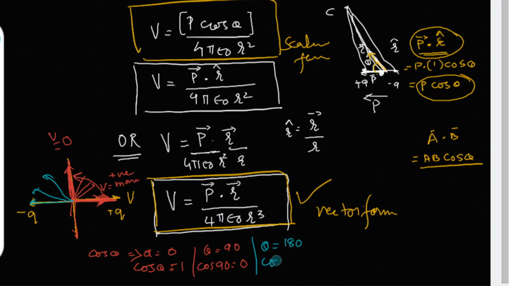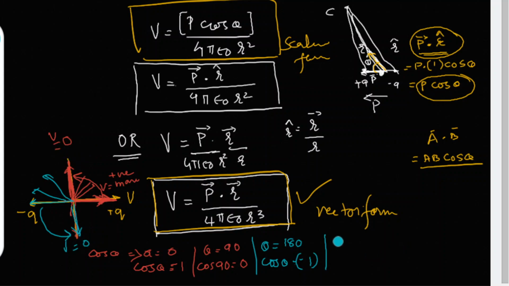So cos theta becomes here -1. So negative potential you are getting here, -1. Okay, and if you'll go like this again, you'll reach to this point. Again, this is theta is equal to 90, and so here again V becomes 0. So at this position, potential will be 0.